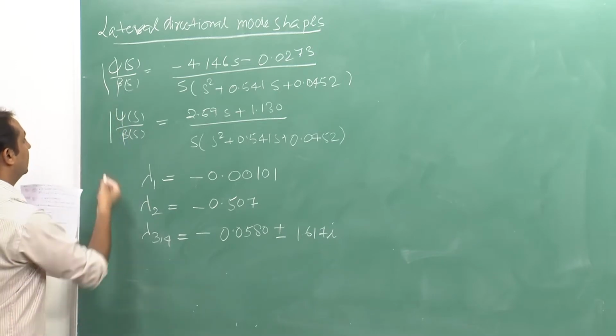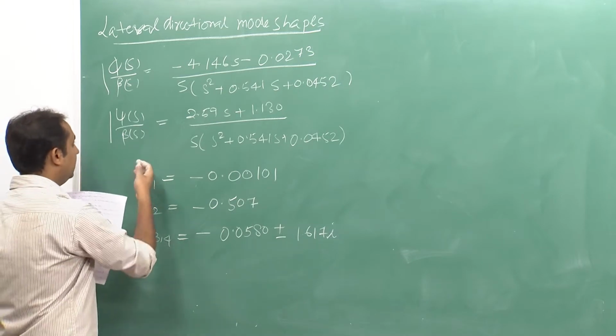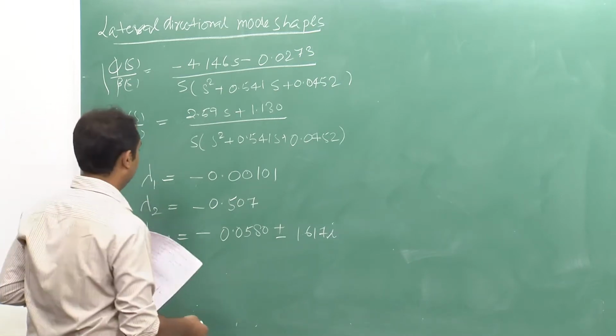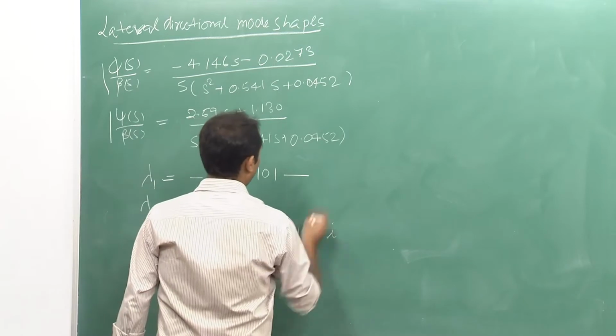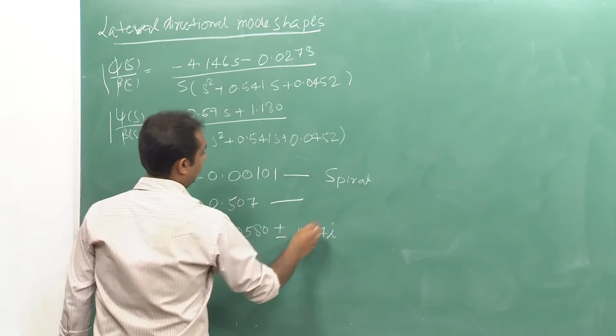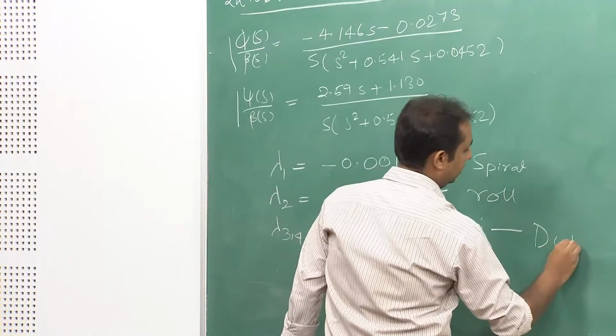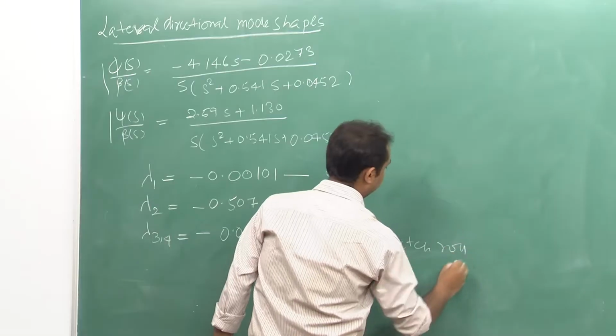Now, we have got the ratios between psi of s and beta of s, and phi of s and beta of s, and evaluating each at the different roots, this will correspond to your spiral mode, this will correspond to your roll mode, and this will correspond to your Dutch roll.